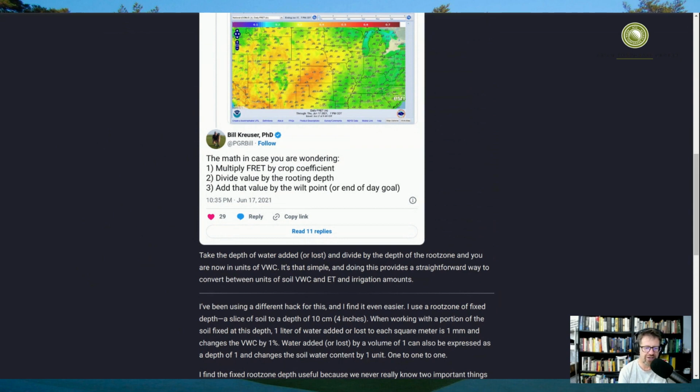So step 3 is to add that value to the wilt point or the end of day goal. In this case, Bill has said that for his turf, the wilting point is 10%.